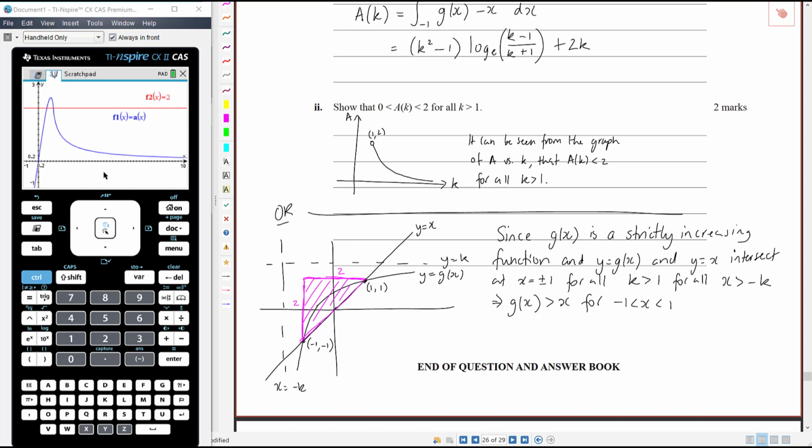So that means the hyperbola will always sit above the line y equals x, and so that means that a of k always has to be positive, always going to get a positive area. Okay, so we definitely know that.